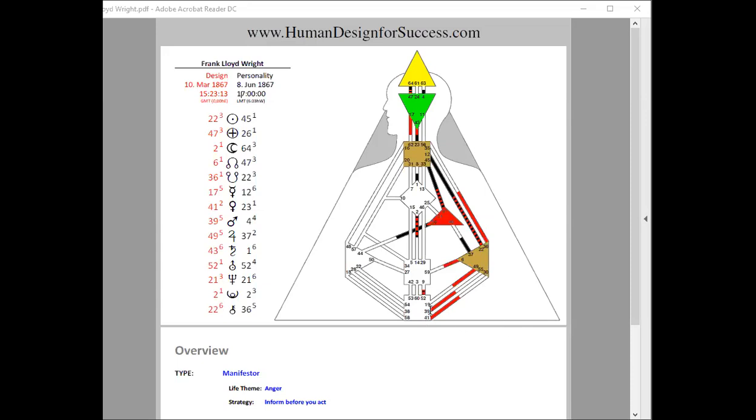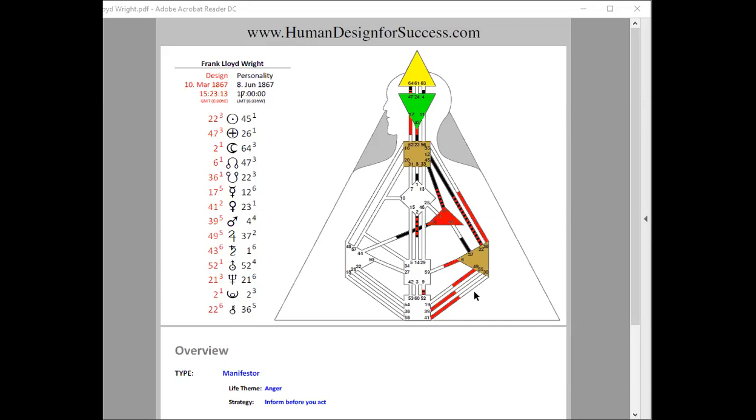He also down here on the root center had the gate 39 defined, which is the gate of provocation, also in the individual circuitry. So he was here to provoke. The high expression of provocation is to restore the flow of energy. And I think he did that with his designs, with his concept of how structure and functionality worked with who we are as humans and how we live and how we can integrate with our environment.